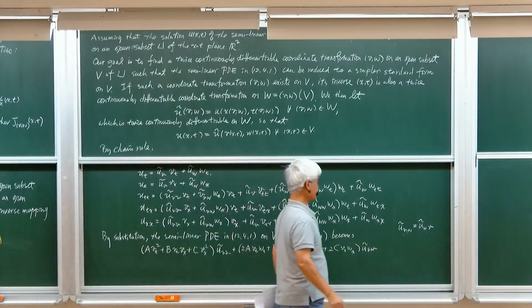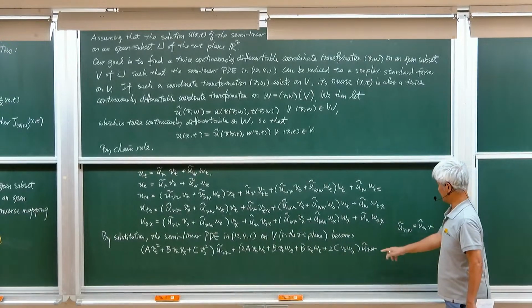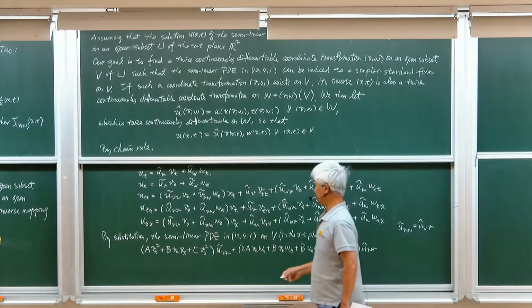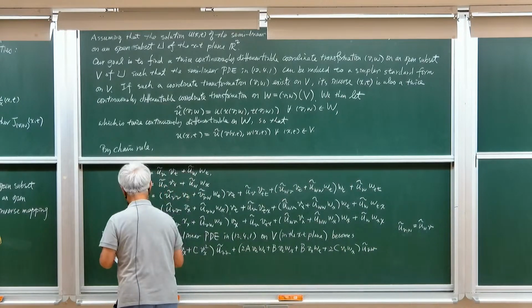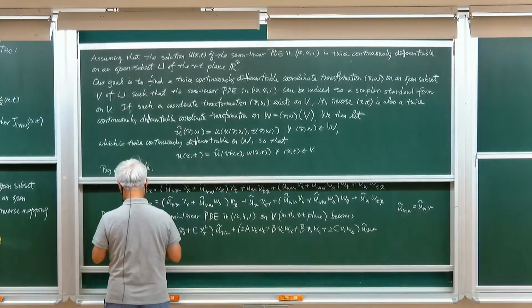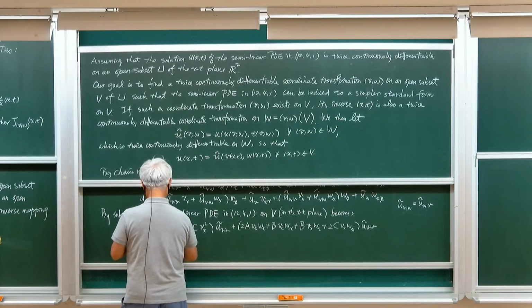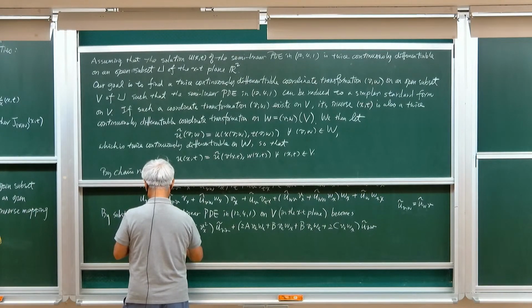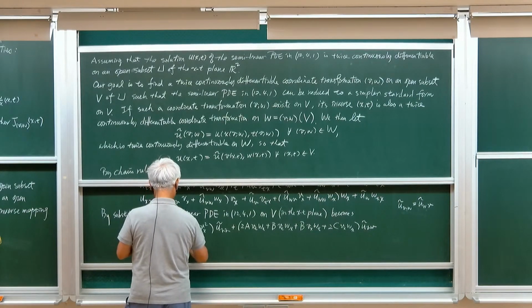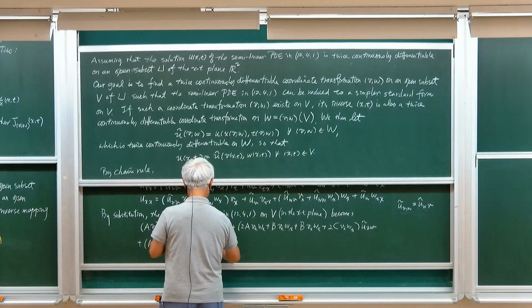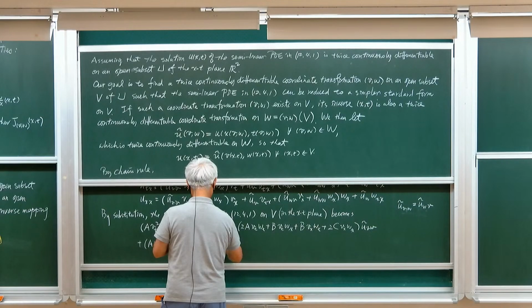Okay, and so they are equal. So we just combine them together into one term. Okay. Plus A Wt square plus B Wt Wx plus C Wx square and U tilde WW.